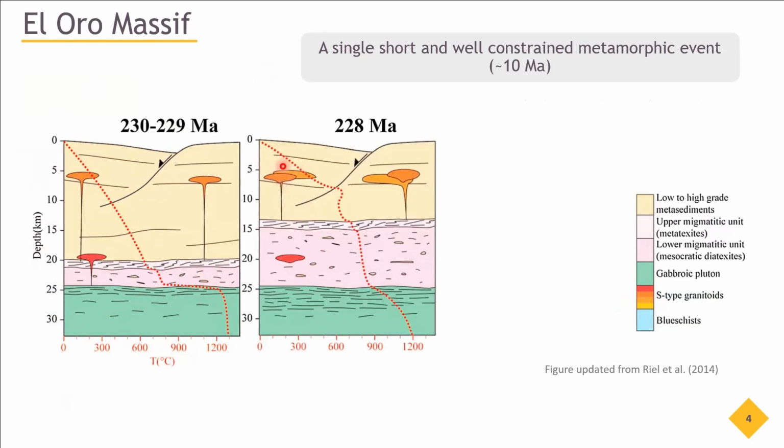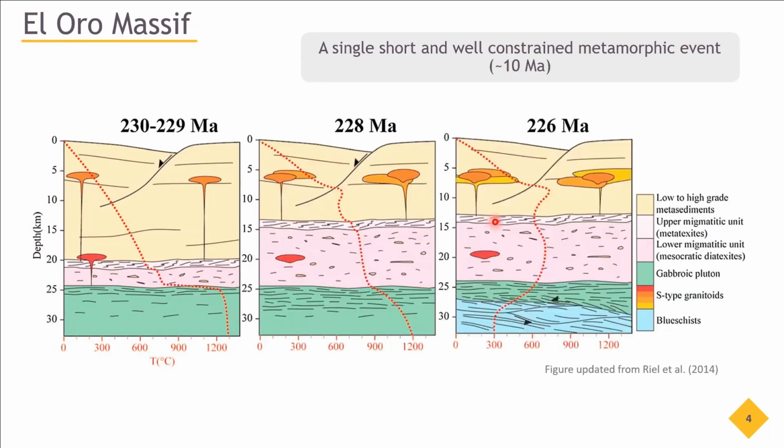Then the melt is extracted, and you form this pluton close to the surface. Then we have a blueschist facies that comes in, with sediment at the bottom that quenches the system. So we have a very short event, quite well constrained, with not much deformation. So it's a good place to play with.